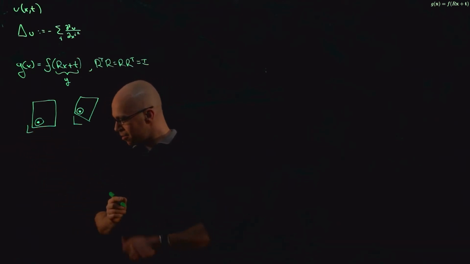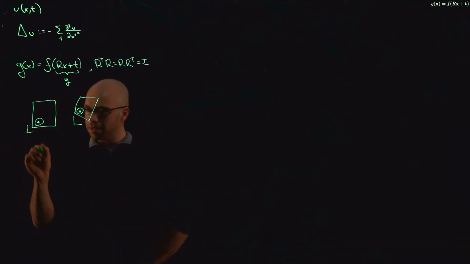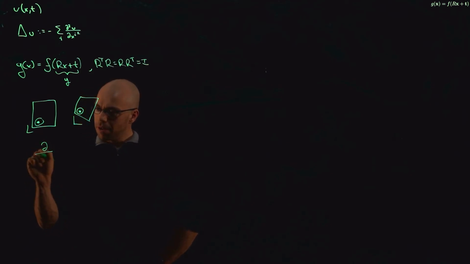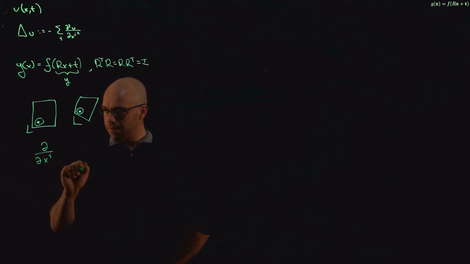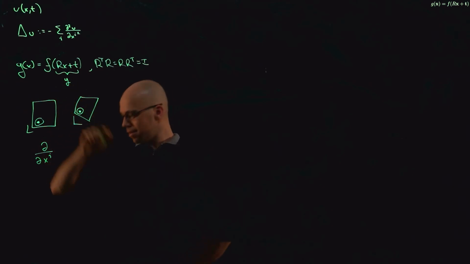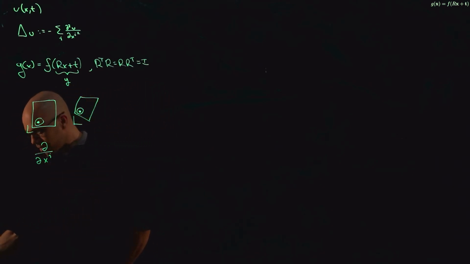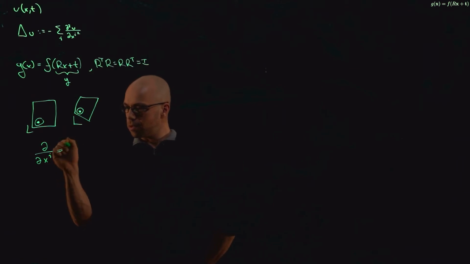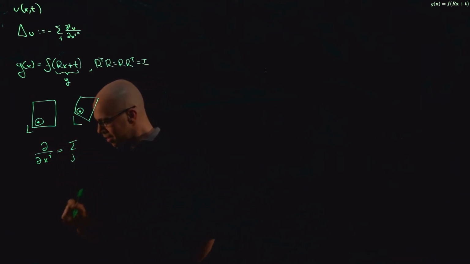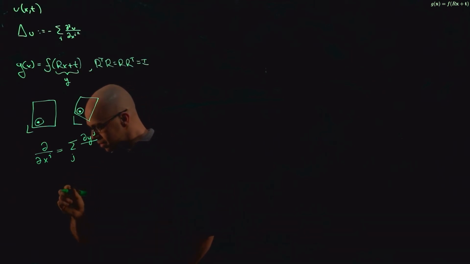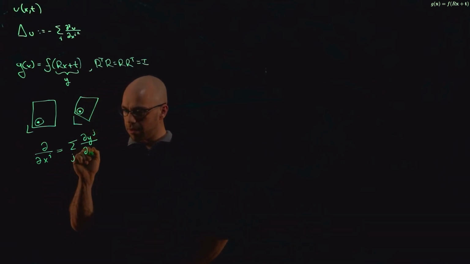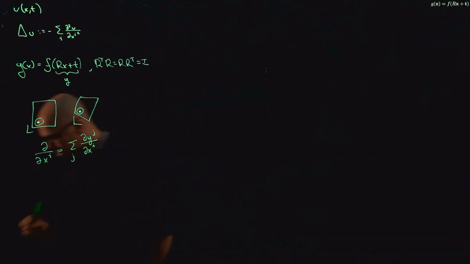Okay, so let's just do that calculation real quick. In particular, by the chain rule, what do we know? We can write an alternative form for the gradient operator. We have d over dxi, and we can follow the chain rule and say that this is equal to the sum over j of dyj over dxi times d over dyj.